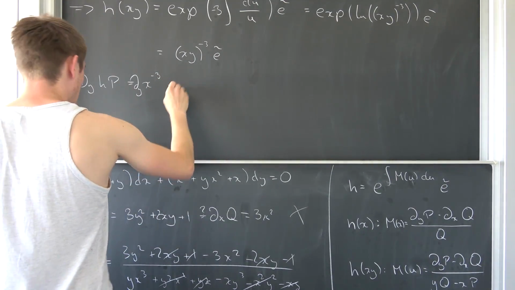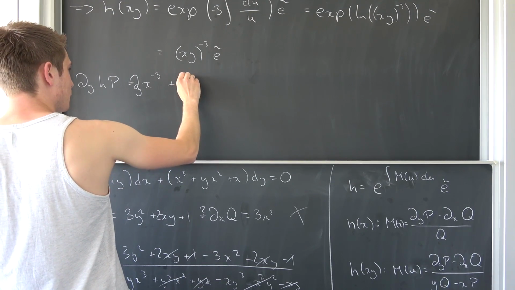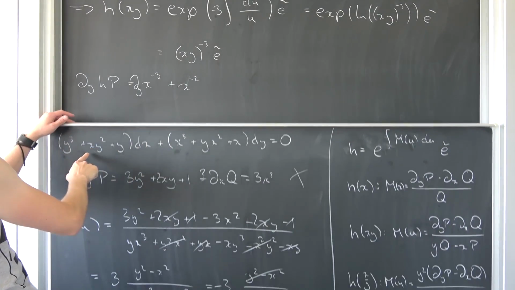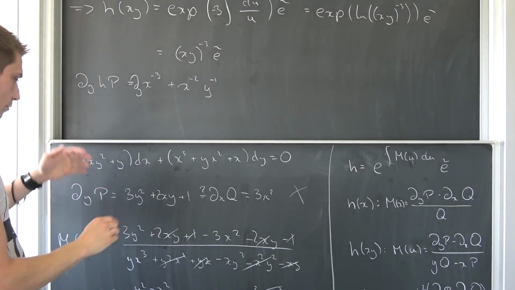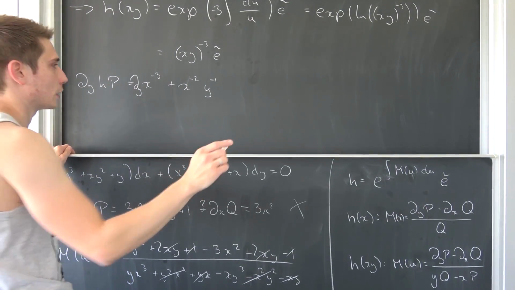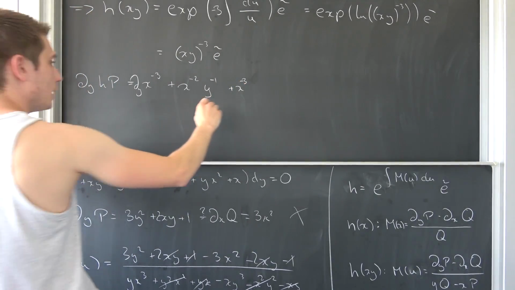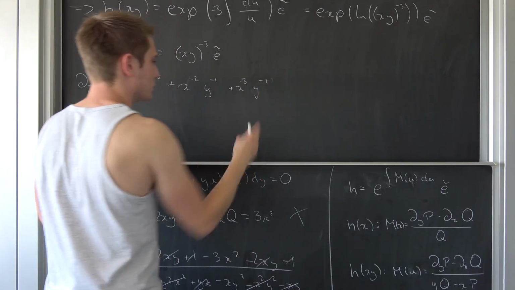Then we are going to get plus, okay, x to the -2 power, and then y to the -1 power. Like I said, this is going to require a little bit of thinking, plus x to the -3rd power, plus y times y to the -2 power.